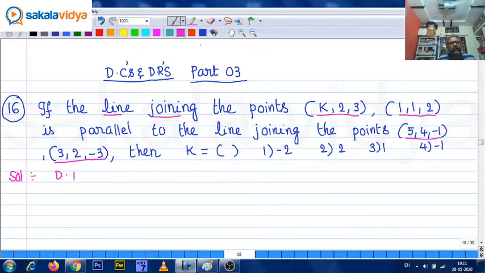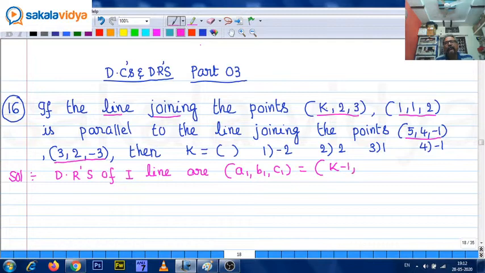DRs of the first line are, say, a1 comma b1 comma c1 equals k minus 1, because x2 minus x1, y2 minus y1, z2 minus z1, 2 minus 1 is 1, 3 minus 2 is 1.